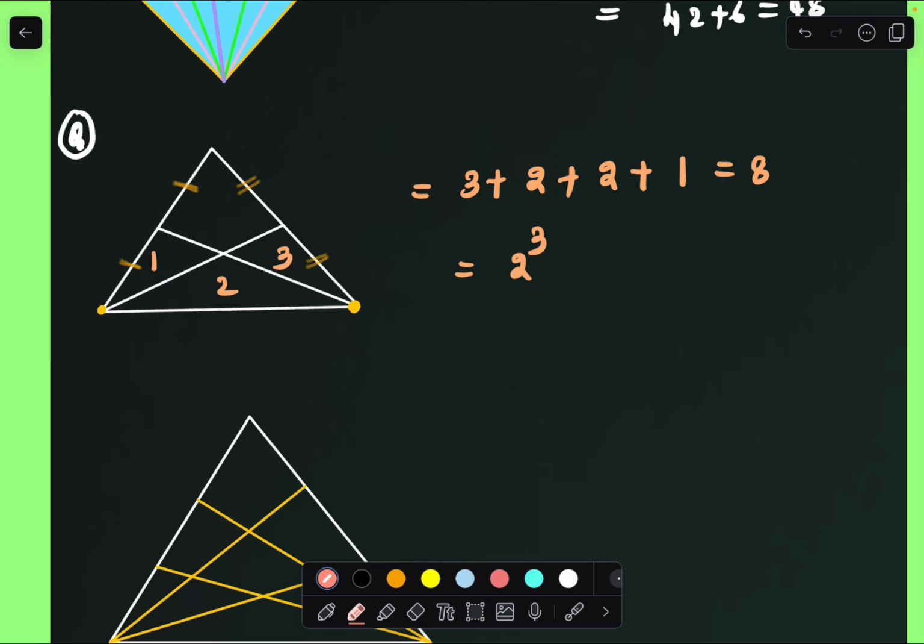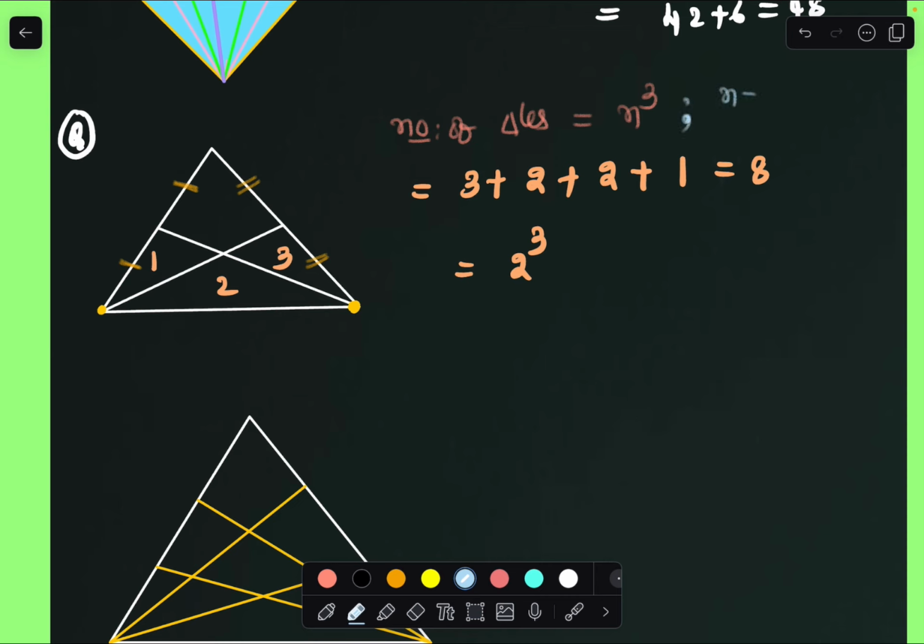So each side got an equal number of parts. Then the number of triangles in this figure is equal to n cube. From two different vertices we are drawing the slanting line, the base got divided into n portions on each side, right?